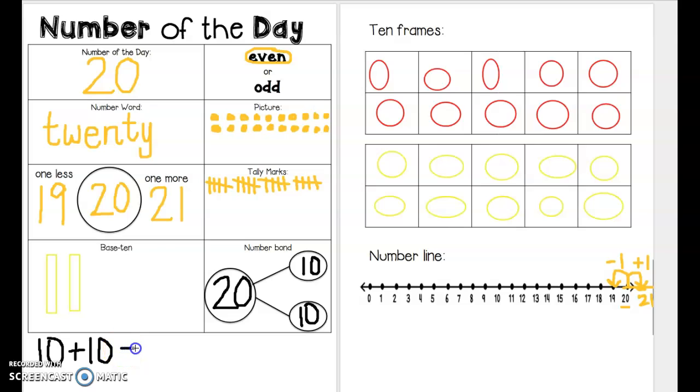So if I have 10 eggs and 10 more eggs, could I use my picture that I drew earlier? I could. Here's 10. 1, 2, 3, 4, 5, 6, 7, 8, 9, 10. And here's 10 more eggs. 1, 2, 3, 4, 5, 6, 7, 8, 9, 10. So I could put 10 in my head. Remember, I put the bigger number.